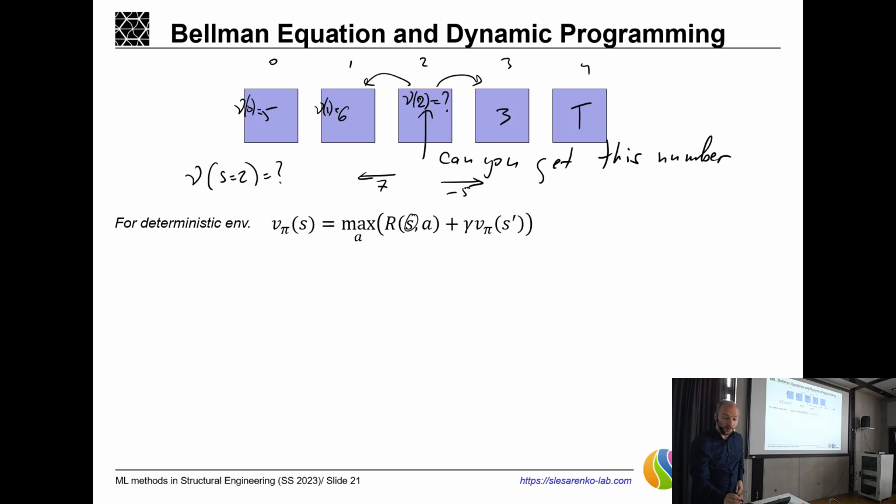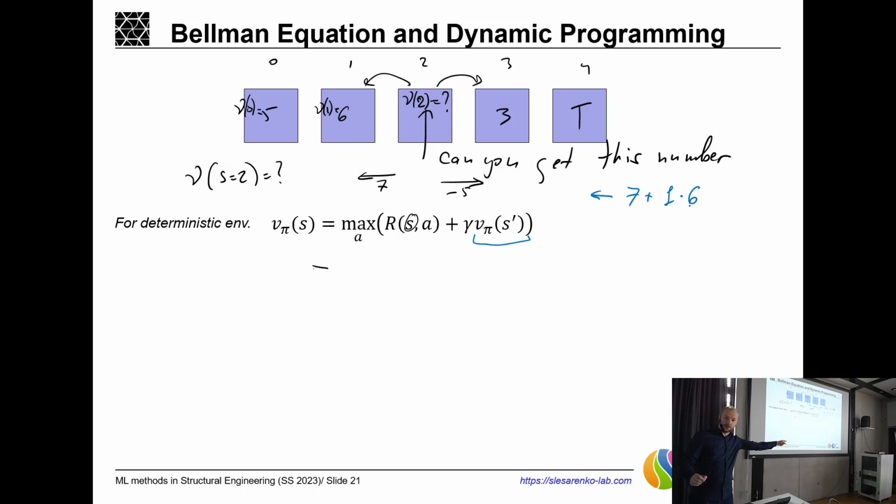And therefore, our value would be, so we have two options. For the left, let me write it in a different ink. For the left we have 7 plus the discount, but let's consider that we do not use a discount right now, so 1, multiplied by the value of the next state. This is the value of our next state, therefore we multiply by 6.